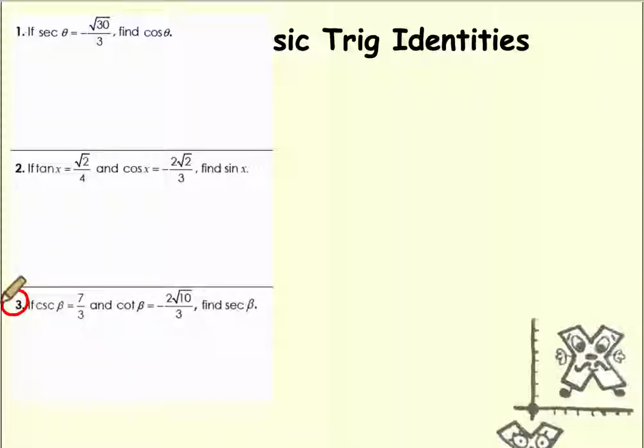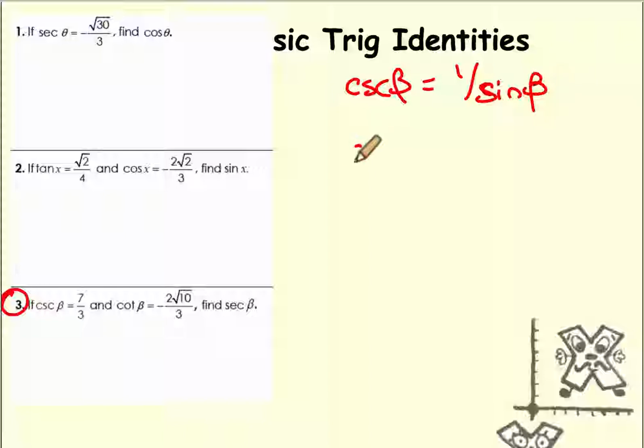Okay, so we don't have an identity that relates cosecant to cotangent, but I know that cosecant of beta, and we're using beta because it's just another Greek letter that we can use to represent an angle, is 1 over the sine.